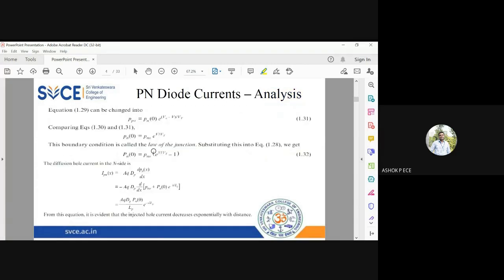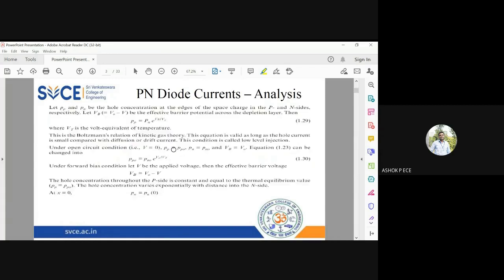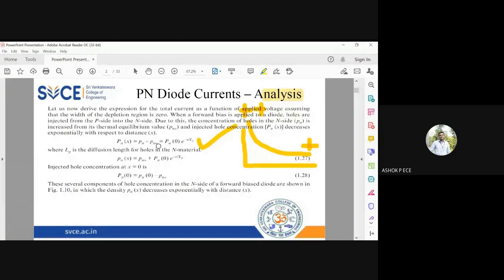We are assuming this small Pn minus Pn of 0. Pn is the maximum value minus Pn of 0, and I am simplifying that as the exponential. So the small pn of x will be equal to Pn naught plus Pn of 0 into e power minus x by Lp.